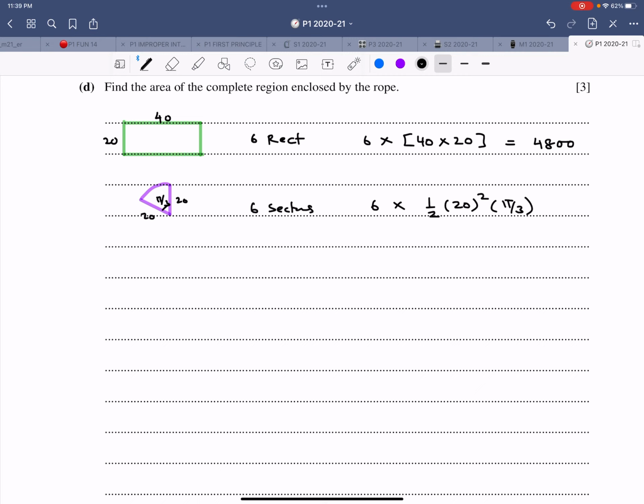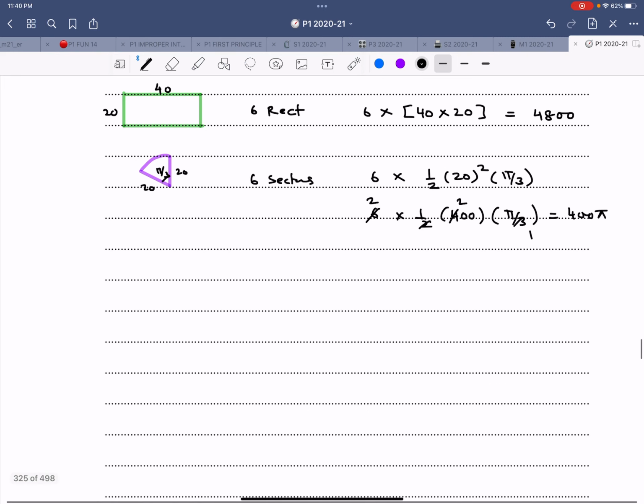And similarly 6 into half into 400 into pi by 3. So therefore 2 ones are 2 and 2 2s are, that's 200, that's 3 ones are 3 and 3 2s are, that is 400 pi. That is the answer for this one. And the trapezium is already included.